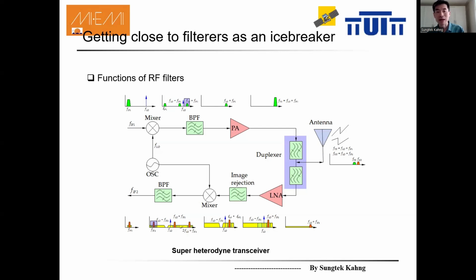Duplexers are a very attractive topic because sometimes people would like to use switches to distinguish the paths of transmission and reception, but synchronization is the most important thing. If there's even a little error in synchronization to switch or select one out of the two paths, TX and RX, there's accumulated error in phase.